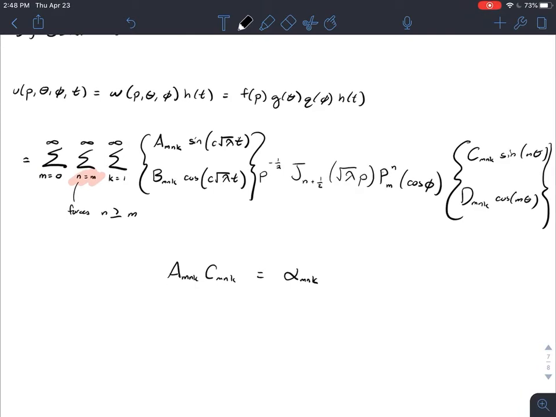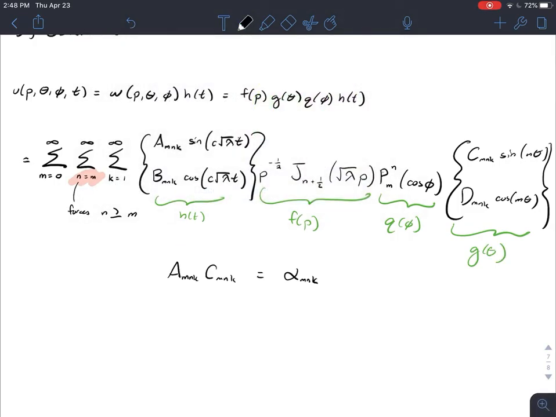The way I'm writing it right now is to put everything in the nicest, most condensed form possible. I'll quickly annotate everything. This corresponds to h of t. This term corresponds to f of rho. This term corresponds to q of phi. And this term corresponds to g of theta.